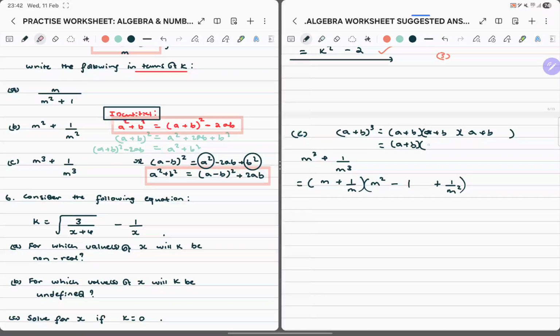Then when we sort this out, what we end up with is going to be a squared plus 2ab plus b squared. I'm feeling like it really didn't do what I want.